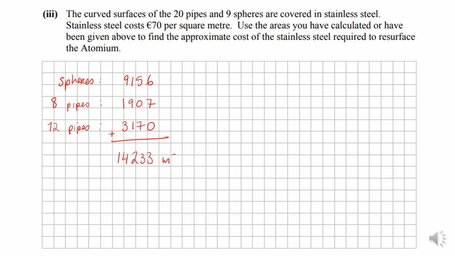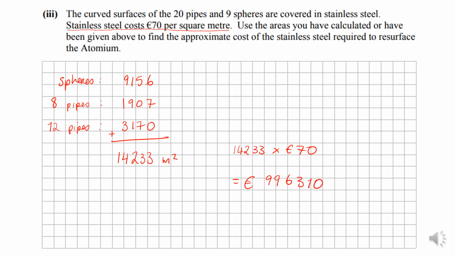14,233 square meters. Okay, and we're told in the question that stainless steel costs €70 per square meter. So to get the cost, we should multiply this value by 70. Okay, so times 70, and I get a whopping €996,310.